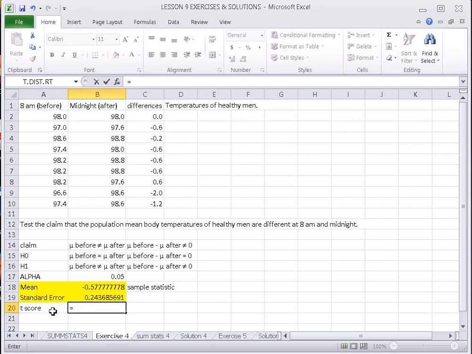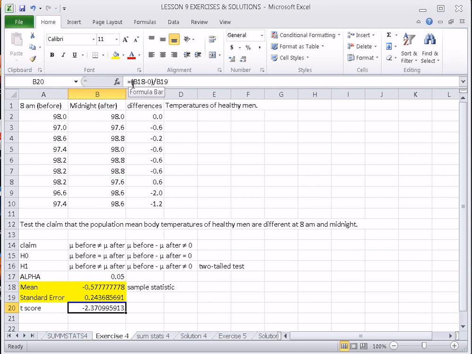The t-score is the difference between the mean and 0, divided by the standard error. And we get a negative value. And we have a not equals here, so we're doing a two-tailed test. And we saw earlier that with a two-tailed test, we actually need a positive t-score.